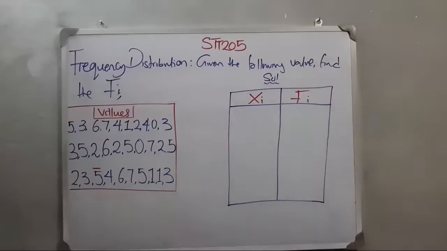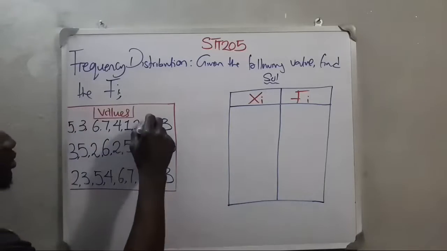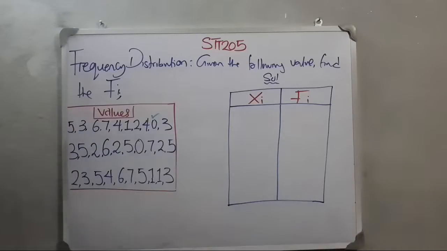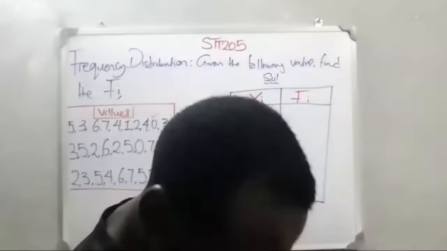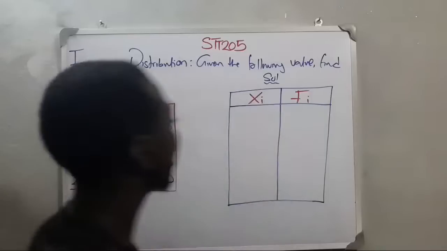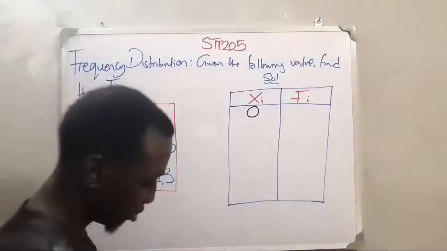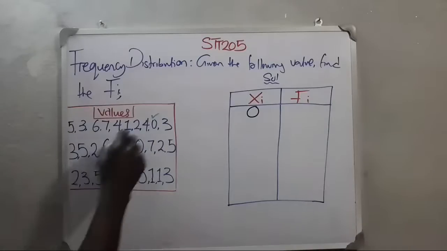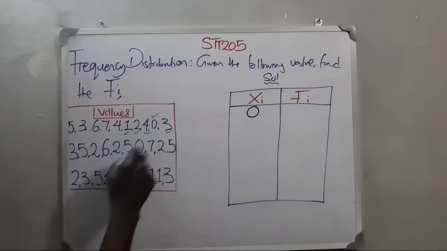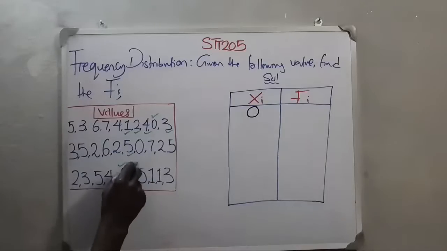Now let's look at what is the lowest value we are having here. From what I can see, our lowest value is 0. Followed by 1, we have 2, 3, 4, 5, 6, 7.